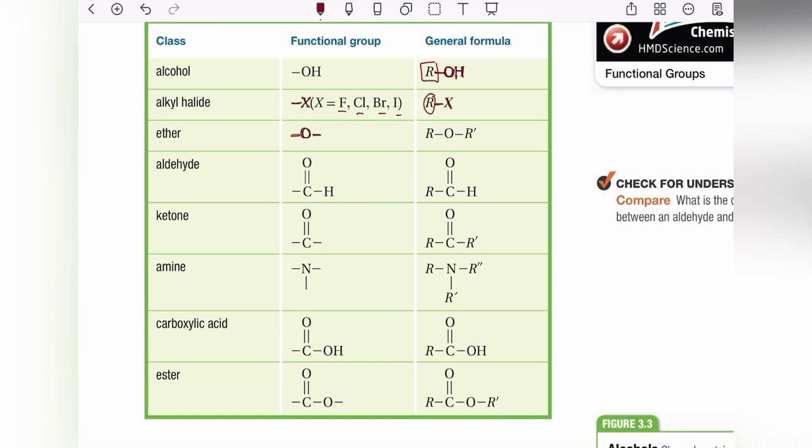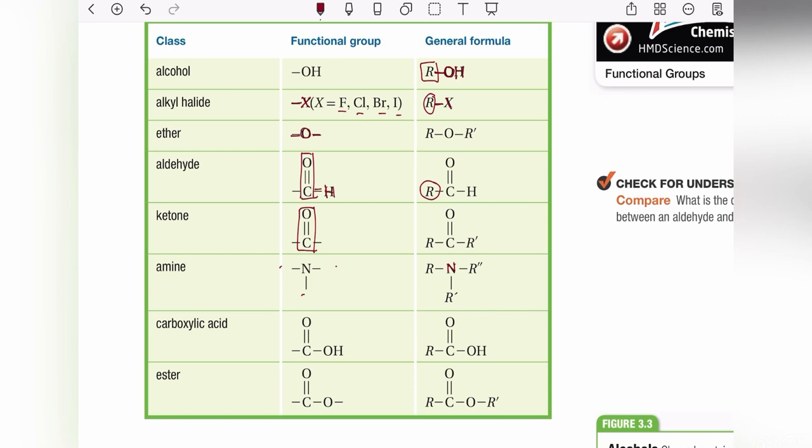Then aldehyde is a carbonyl group, then a hydrogen on the other side with the rest of the molecule on the other side. So ketone, a carbonyl group in the middle of the organic compound, and then amine is just a nitrogen atom connected to other atoms.